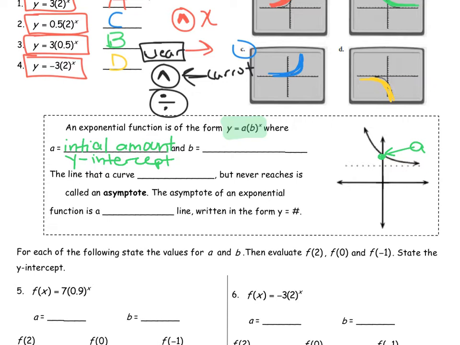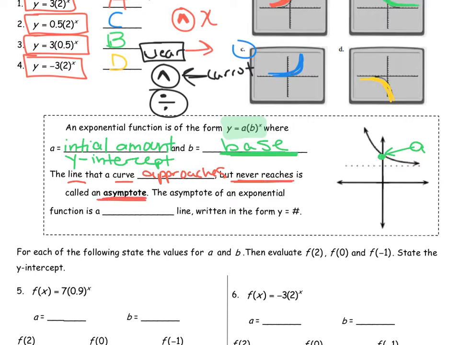And b is going to be our base value. So our value for b is going to determine whether it's an exponential growth or decay. All right, so now some new terminology here, really important. The line that the curve approaches but never reaches, we call an asymptote.